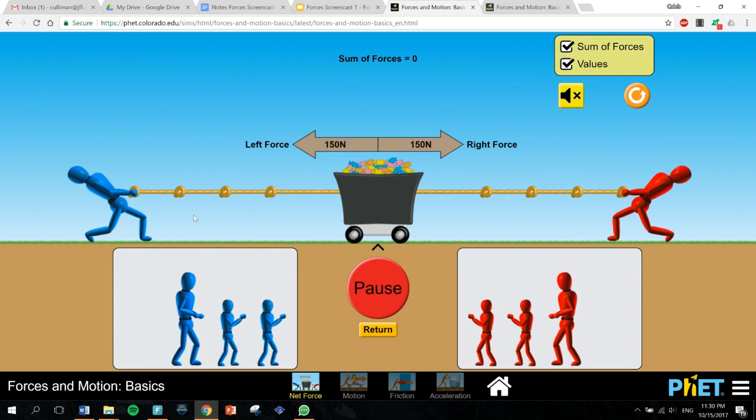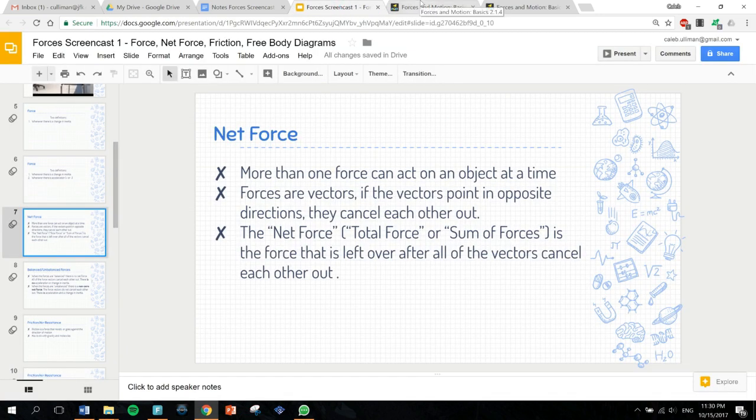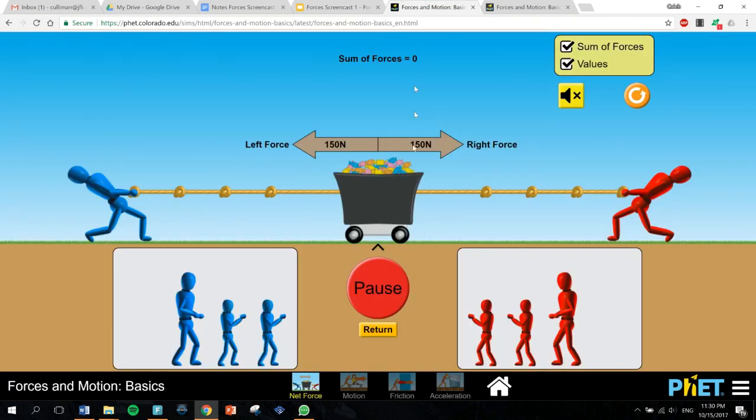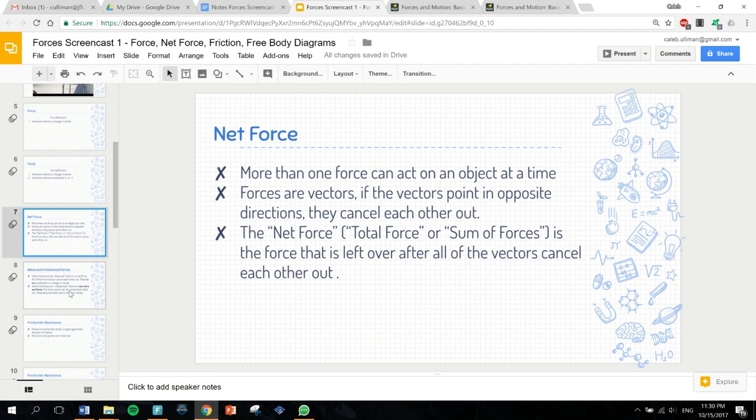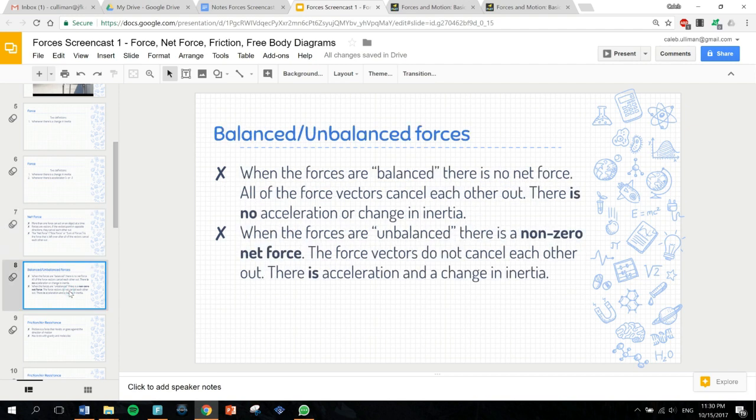They're both pulling the same amount, and it's not moving anywhere. So there's zero net force. There's zero sum of forces. But if they're unequal, then there is a net force. I'm going to get into that when I explain balanced and unbalanced forces.